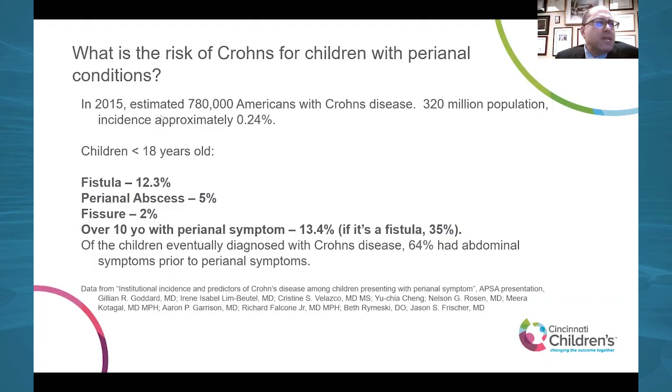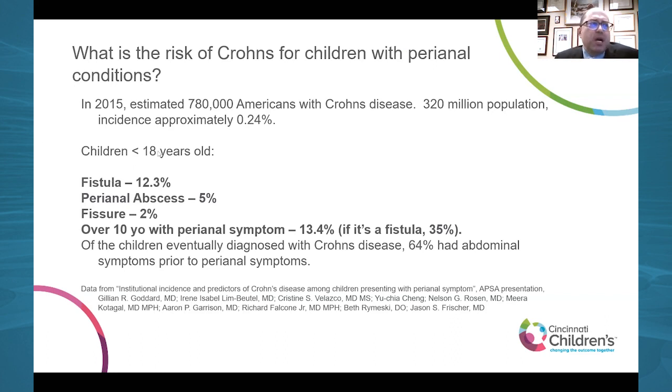If you're concerned about a deeper abscess or Crohn's disease, there's no harm in getting age-appropriate imaging, but there are also some associated risk factors that would make Crohn's disease more likely. This was work done here that looks at it from the direction of, we looked at children that came with this perianal pathology and then looked out to see who was later diagnosed with Crohn's.